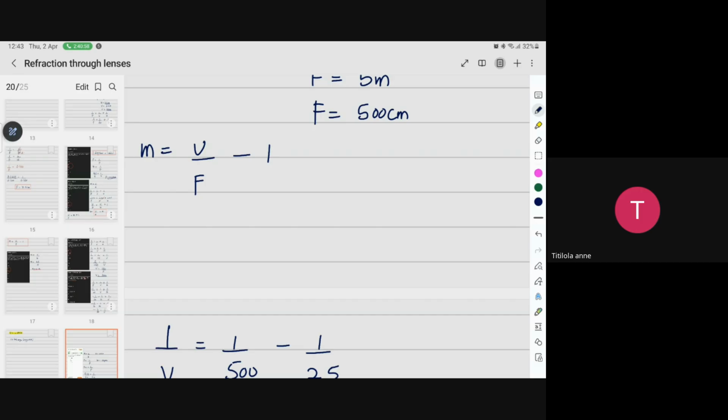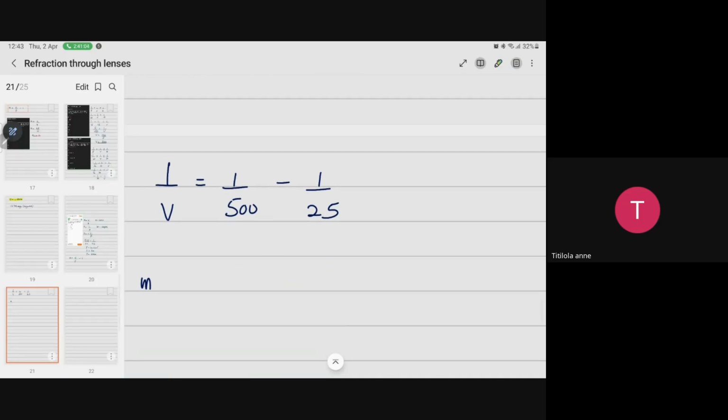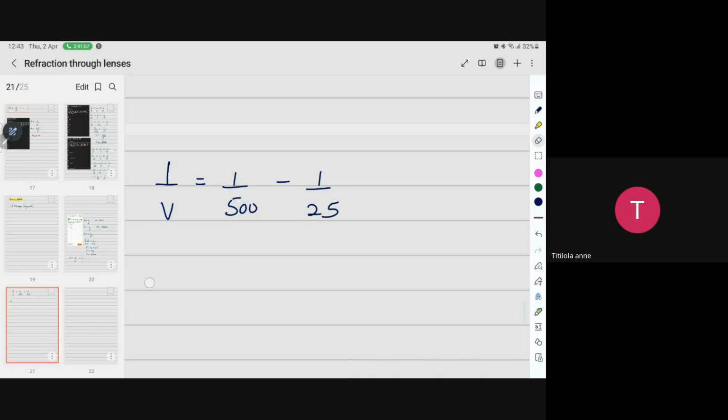Now, I don't know my V yet, so I need to continue. 1 over V will be equal to 1 over 500 minus 1 over 25. That will give me minus 19 over 500.